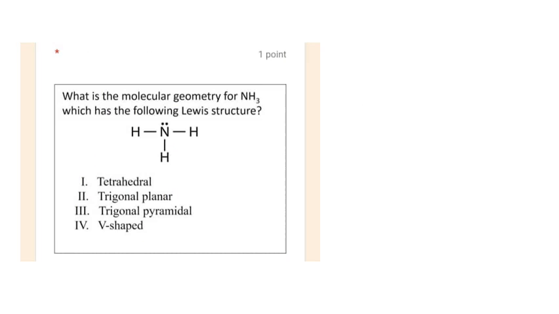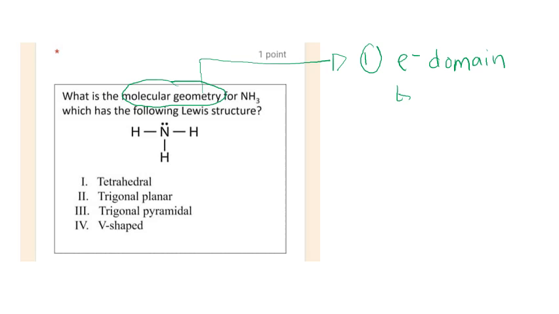Question number 3. Which of the following is the molecular geometry for NH3, which has the following Lewis structure? If we want to know the molecular geometry, the first thing we have to determine is the number of electron domains. Single bond, consider 1 electron domain.